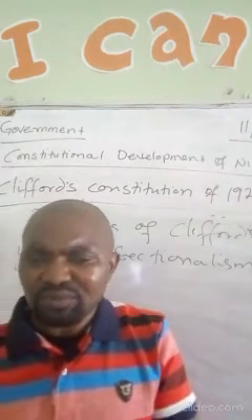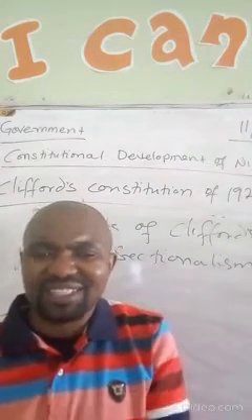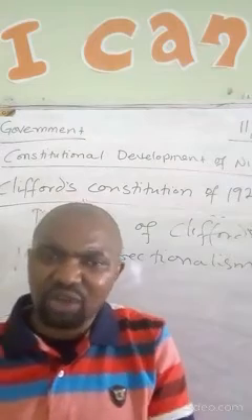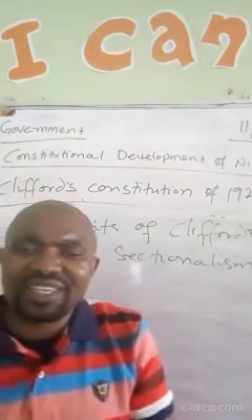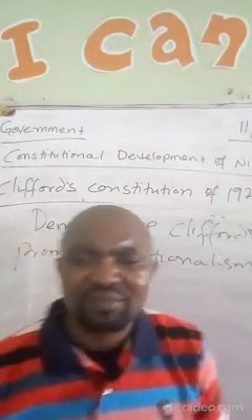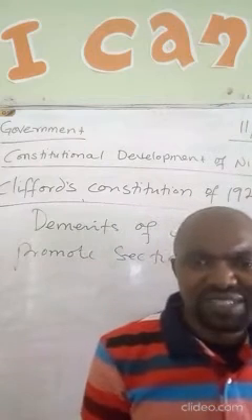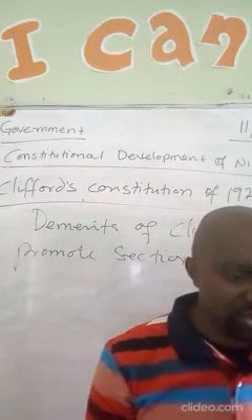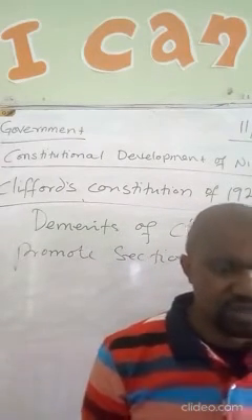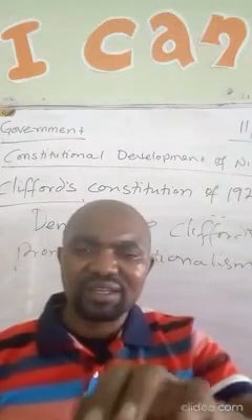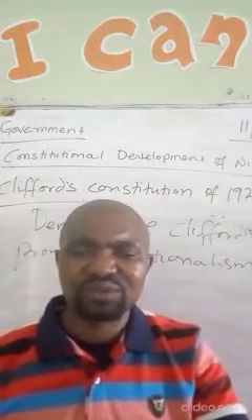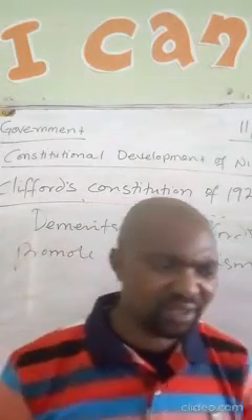So that means there is sectionalism there. A section of the country was more favored than another. So this creates a kind of ill feeling among the people that belong to a section that was excluded. Then that is one. Two, the Legislative Council was dominated by whites.